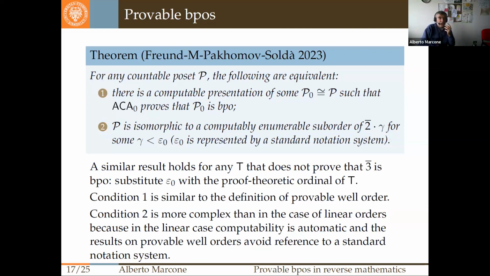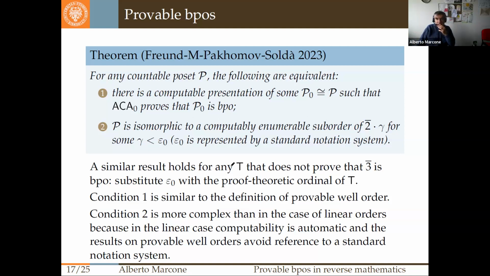So we have to ask for some computability condition, and that's the reason why we get a little bit more complicated statement, but it's sort of unavoidable because of the structure of this partial order. But this theorem is actually characterizing exactly what we can do, for example, in ACA naught, and a similar statement will hold for ACA 0 plus, substituting epsilon naught with the proof theoretic ordinal of ACA 0 plus, which is the first fixed point for the epsilon function, actually.